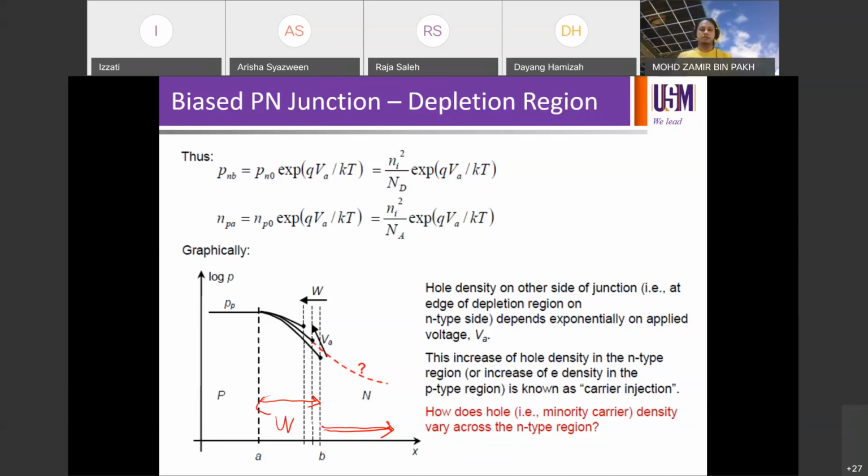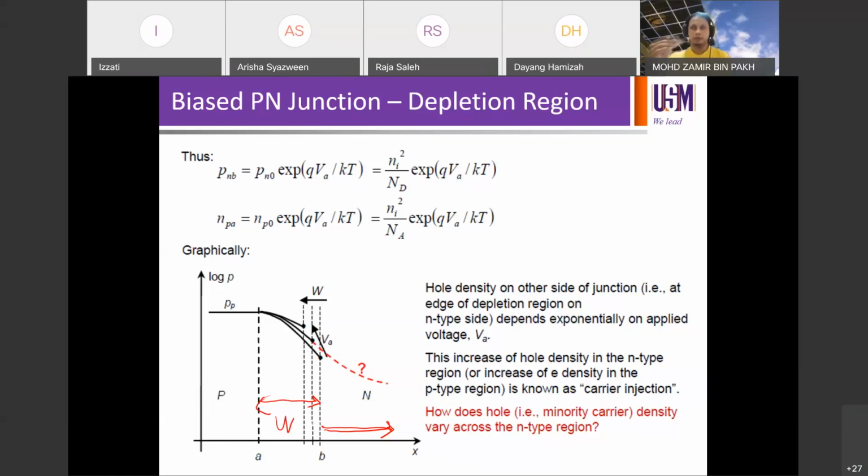We've discussed before that if you increase the magnitude of forward bias voltage, you reduce the effective barrier height at the junction, and the probability of more carriers crossing through the depletion region is higher.